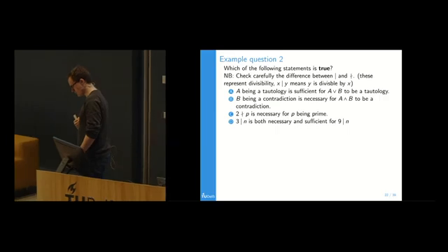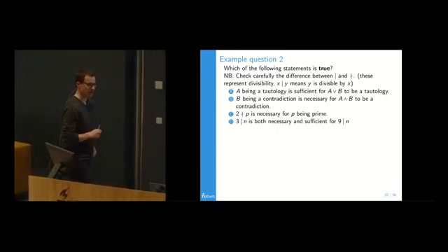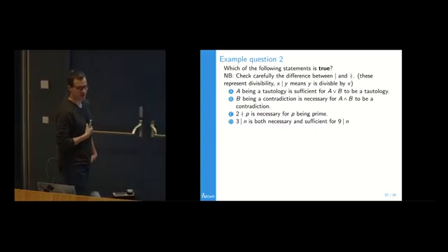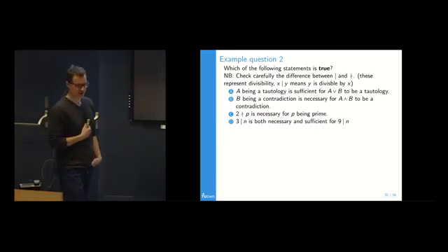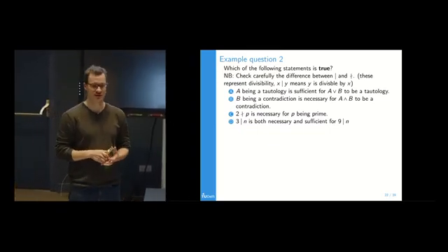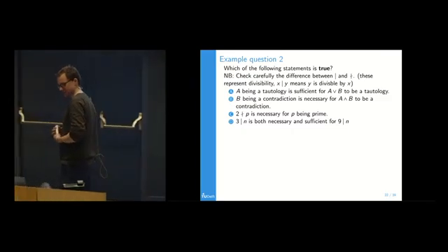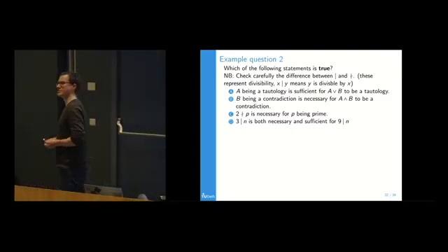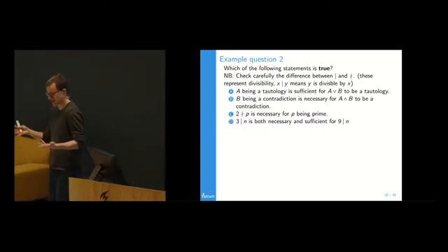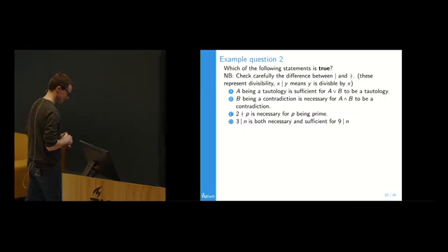Answers C and D introduce new notation that for today I've put on the slide, but after you've studied the book I would no longer put in the question. These symbols represent divisibility. X divides Y means that Y is divisible by X. Again, I'll give you 30 seconds to discuss the question with your neighbor, see if you have any idea what I'm even asking you here, and then I'll talk you through it.